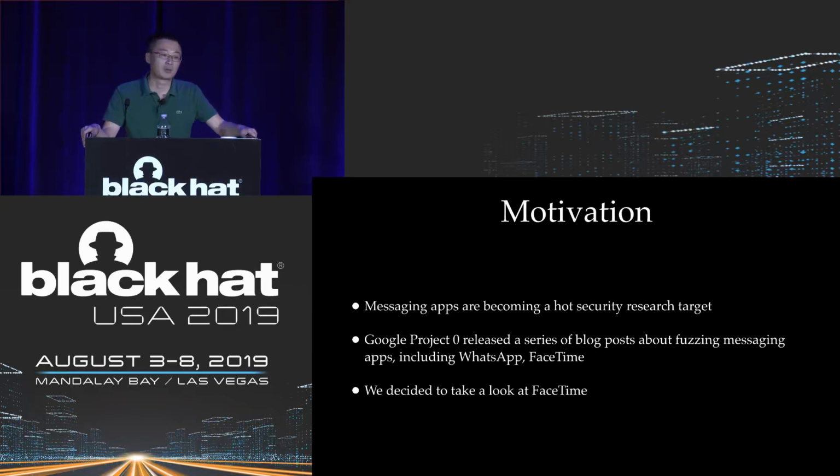A few months ago, after we read the blog post by Google Project Zero about how to fuzz WhatsApp and iMessage FaceTime, we realized that the code quality of such messaging apps is not as good as we expected. So we decided to take a look, especially at FaceTime.